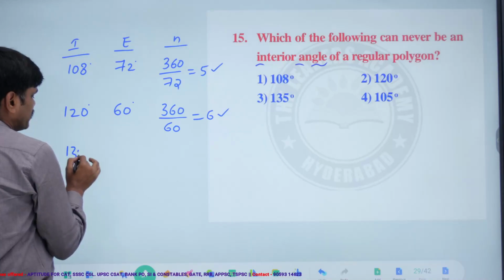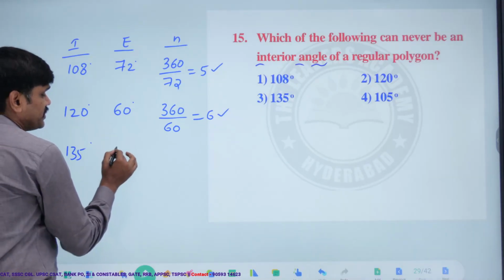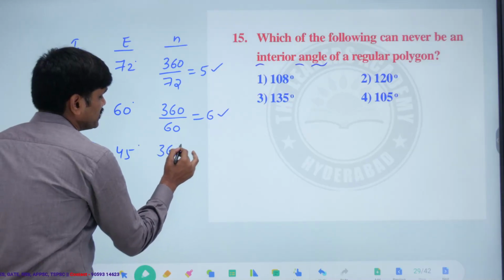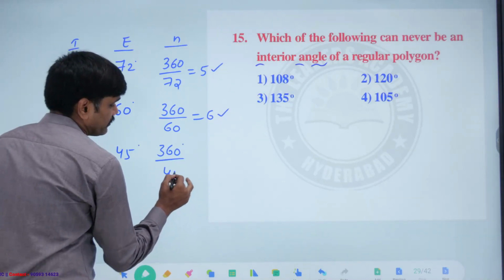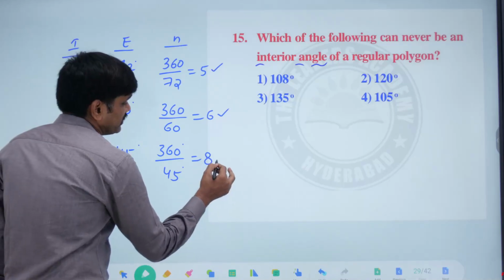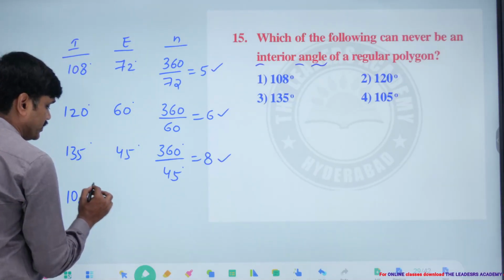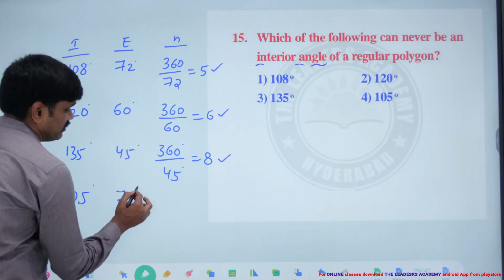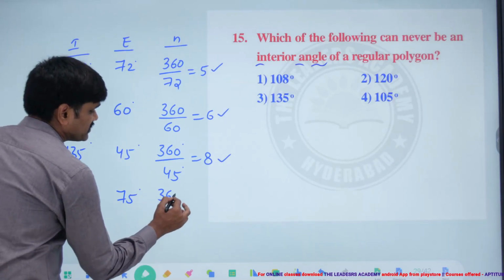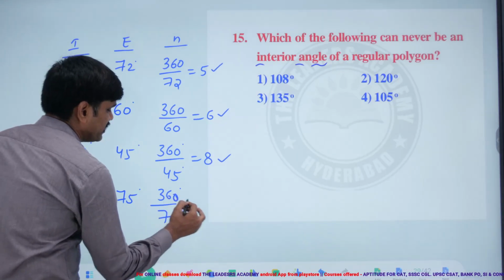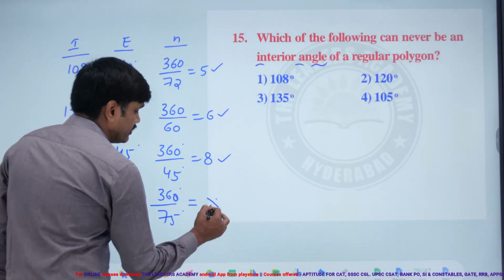If you take each interior angle as 135, exterior angle will be what? 45. Then the number of sides will become how much? 360 by 45, which is equal to what? 8. There is a possibility. But if you take each interior angle as 105 degrees, each exterior angle becomes 75 degrees, then the number of sides will become a value which is in decimals, because 360 is not divisible by 75.